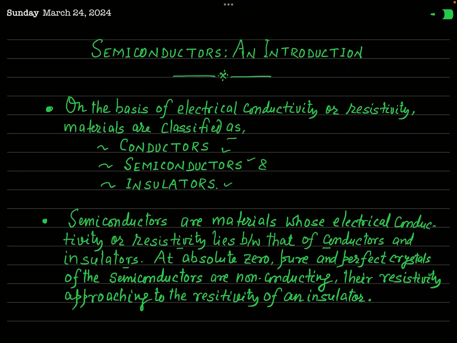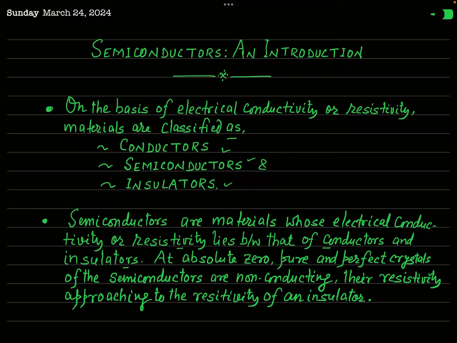It means a semiconductor has electrical conductivity smaller than a conductor but greater than an insulator. Similarly, when you talk about electrical resistivity, the resistivity of a conductor is smallest. So the electrical resistivity of a semiconductor is greater than that of a conductor and smaller than that of an insulator.